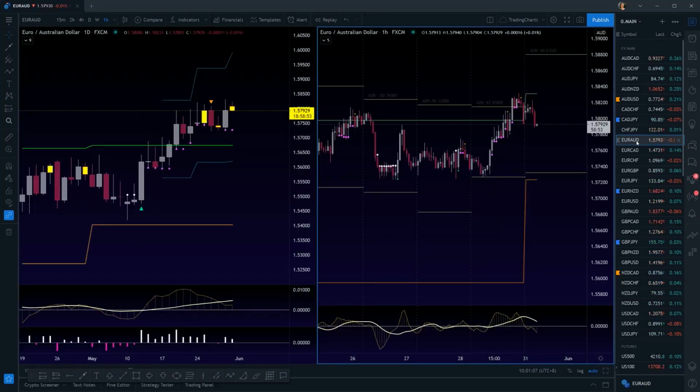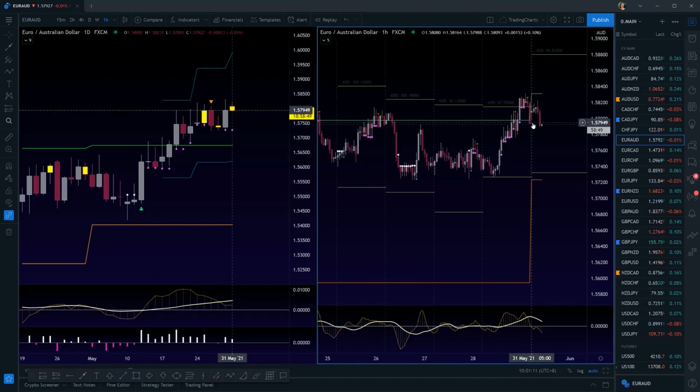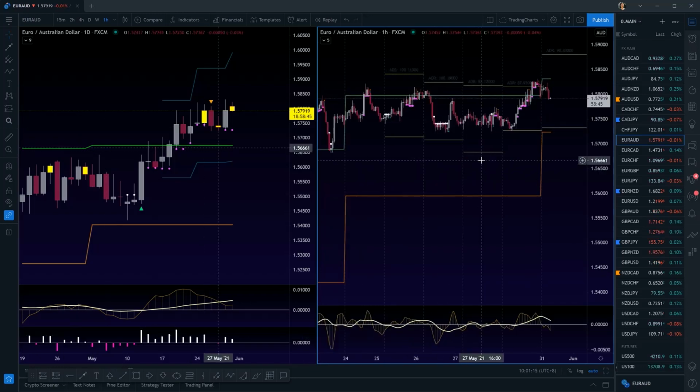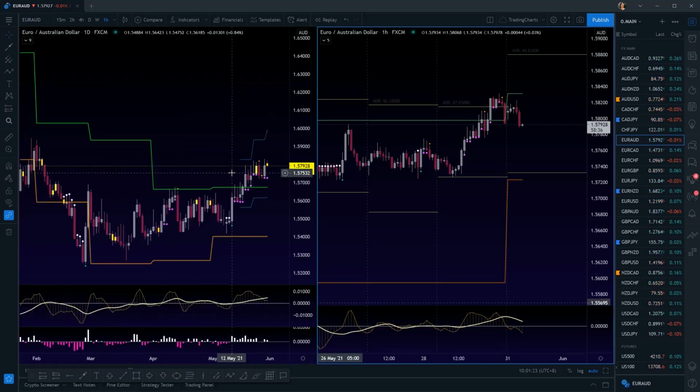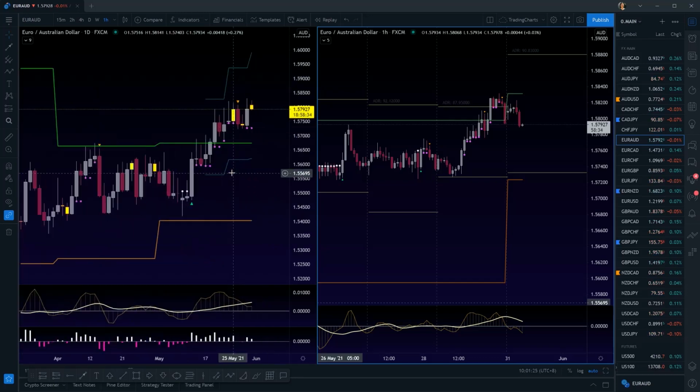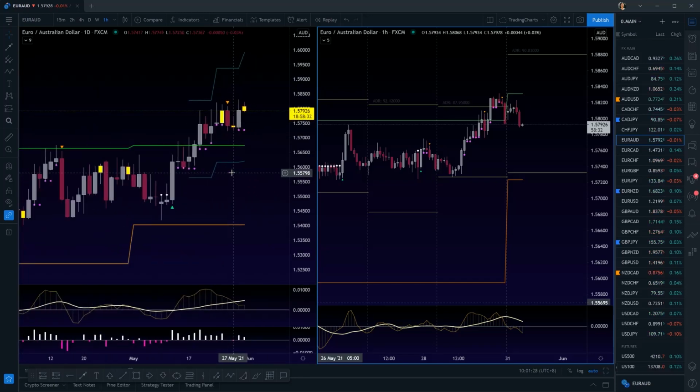Euro, Aussie dollar, we got a push up, there is that previous week level. Do we want to trade some more upside on this? Maybe.